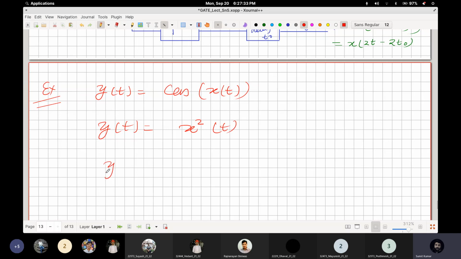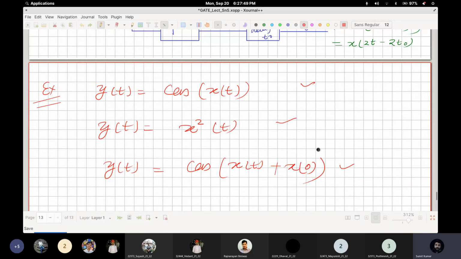Okay, and the third question is like this, y(t) is equal to cos x(t) plus x of 0. So these three questions, please solve them. Okay, try to solve them and we will discuss them.